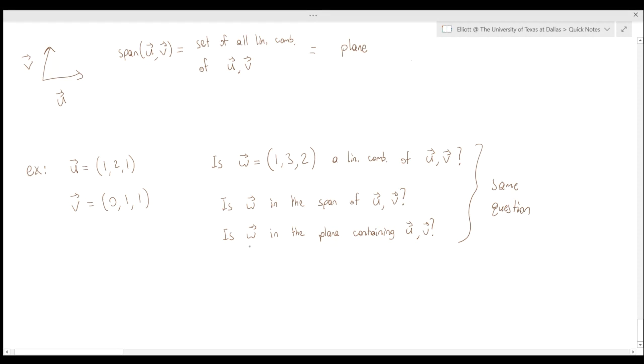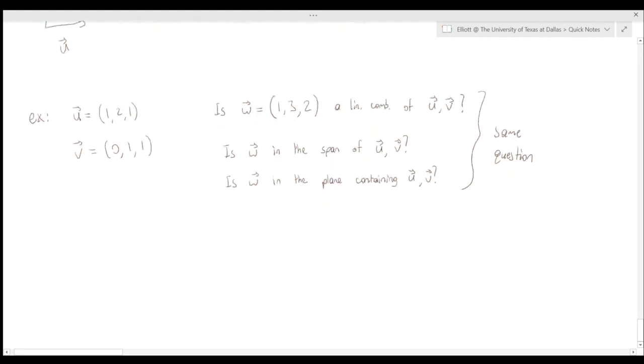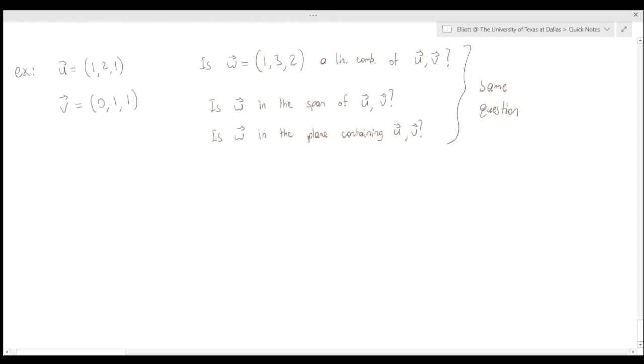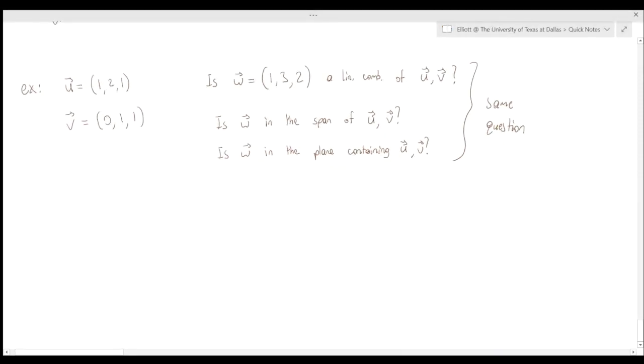And asking if w is in that plane would be the same as asking if w was in the span, because the span would have been the plane containing u and v. So here is just a way of showing you guys how they can ask the same question in multiple different ways. So you want to understand the connection between different things in order to answer the question however it may appear to you.